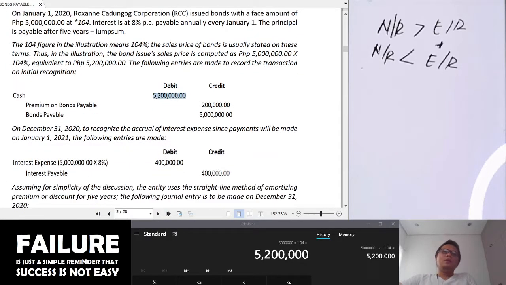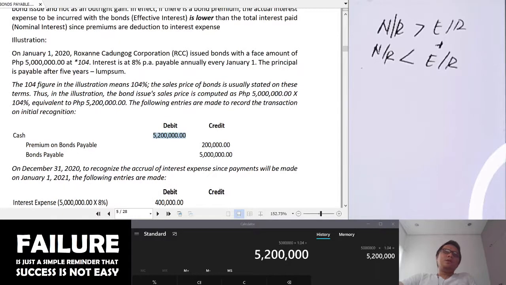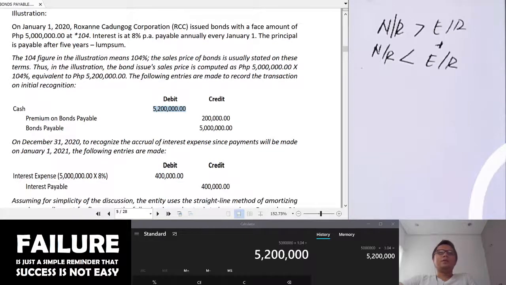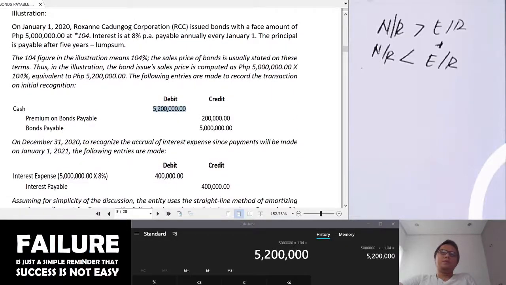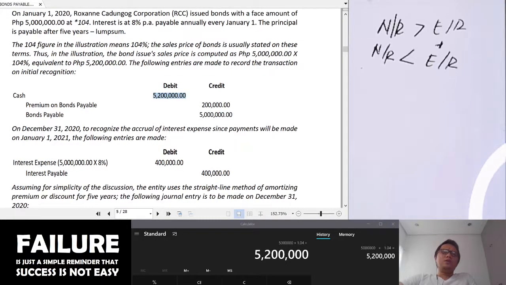Okay, now, after recording this on initial recognition, based on the stated price at 104%, on December 31, 2020, we should recognize the interest. Now, if you may notice, our entry on December 31, 2020 is a credit to interest payable.